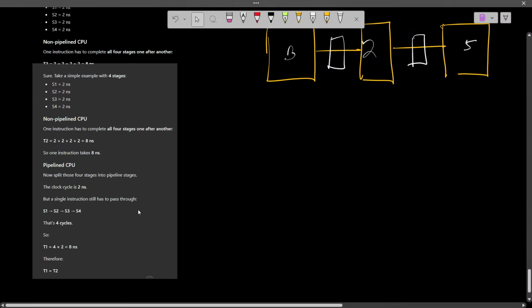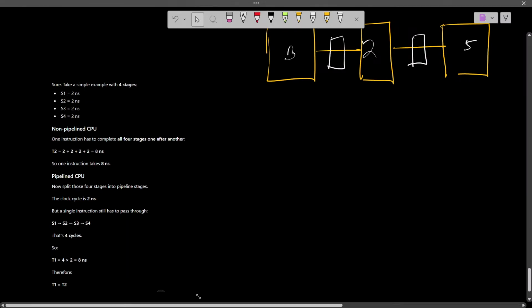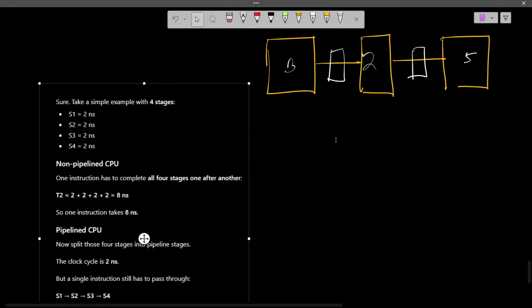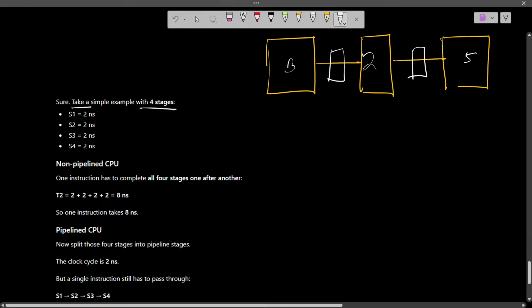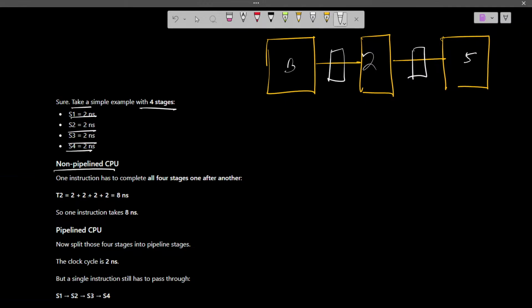It says take a simple example with 4 stages: S1, S2, S3, S4, each taking 2. For the non-pipelined CPU, the instruction has to go through all, so 2 into 4.